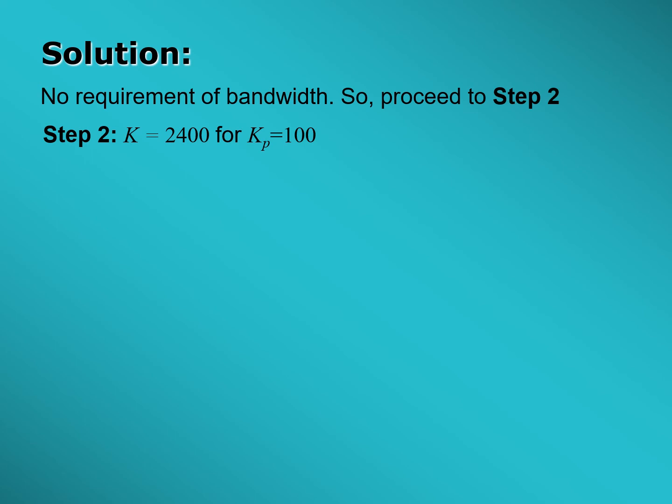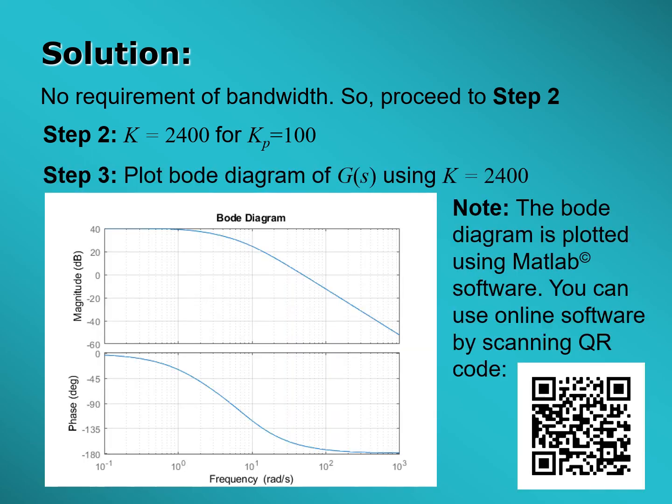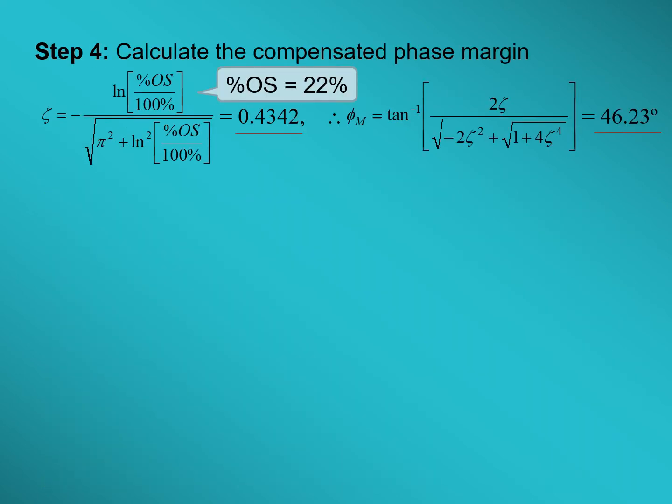Okay, so for the solution, there is no requirement on the bandwidth, so proceed to step number 2. From Kp equals 100, we get K equals 2400. Then we plot the Bode diagram of G of S using K equals 2400. In order to plot, you can use Scilab, MATLAB, or online software. Next, calculate the compensated phase margin.